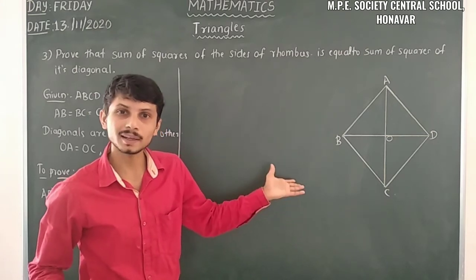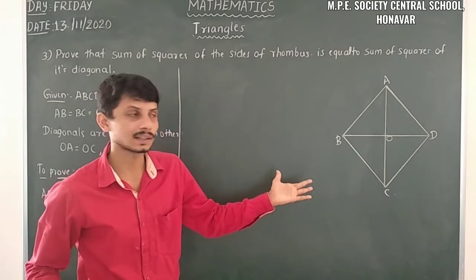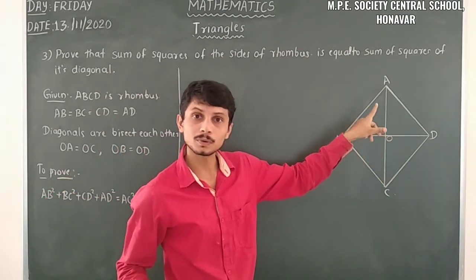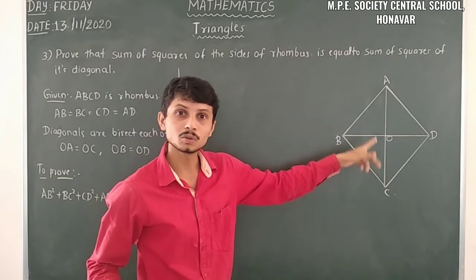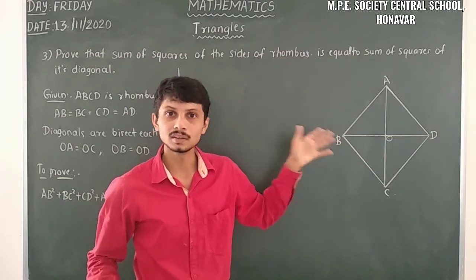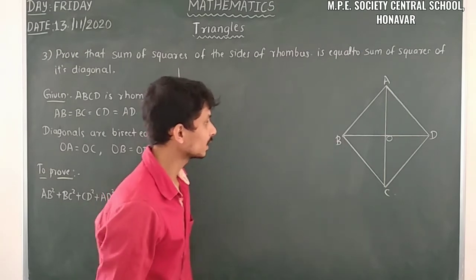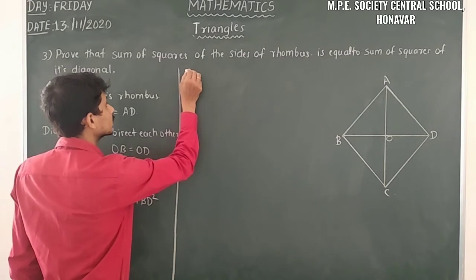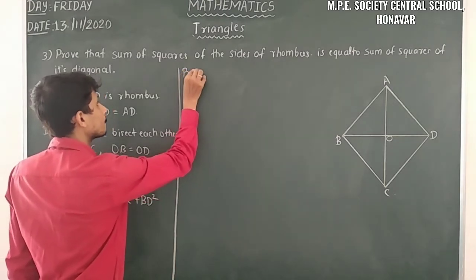What right angle triangles are there? There are 4 right angle triangles, so from the 4 right angle triangles we can take the squares of each side. So let us take the proof.